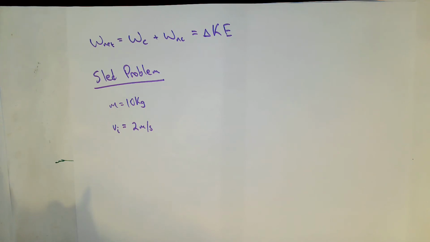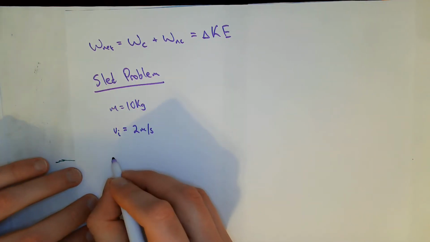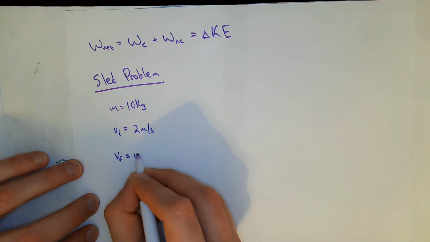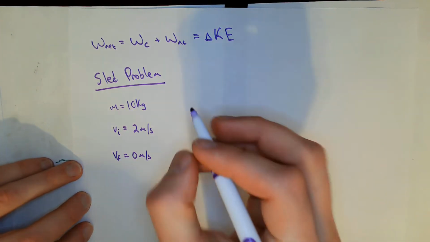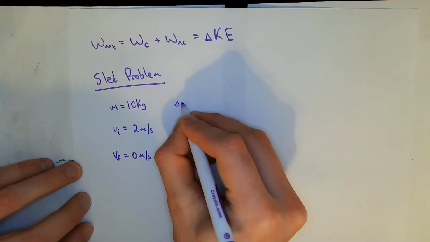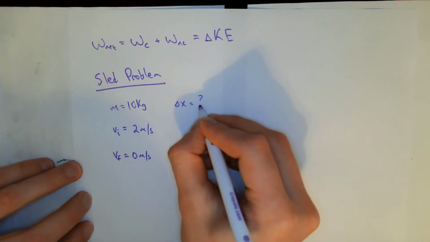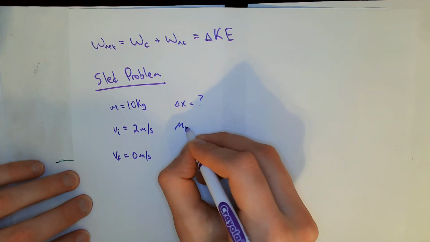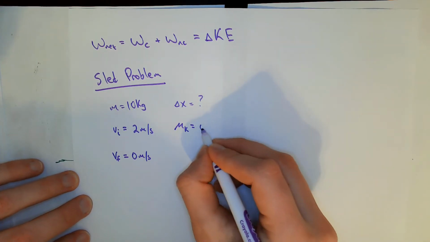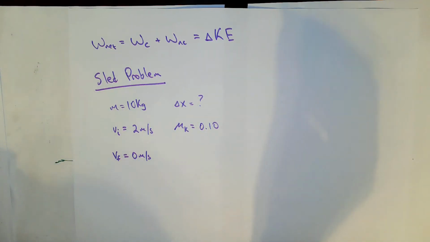And it's sliding on ice, and it's sliding to a stop. We know V final is 0 meters per second because it's sliding to a stop. We want to know delta x. Not how long, but how far, rather. How far it's going to slide. And we know that the coefficient of friction on ice is 0.10.